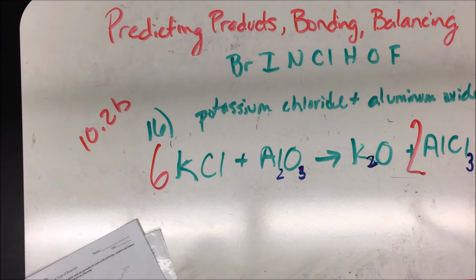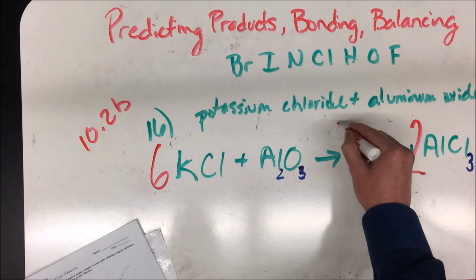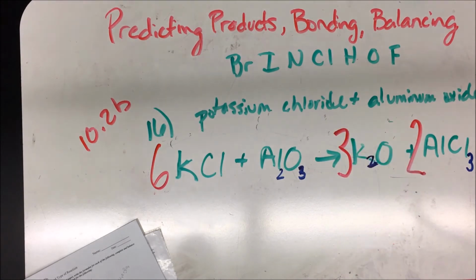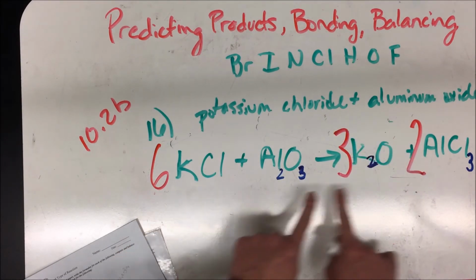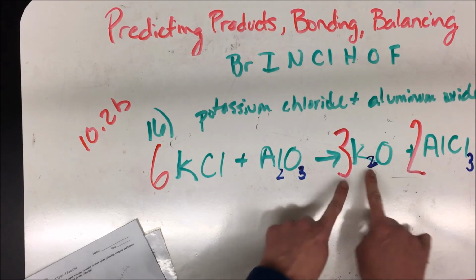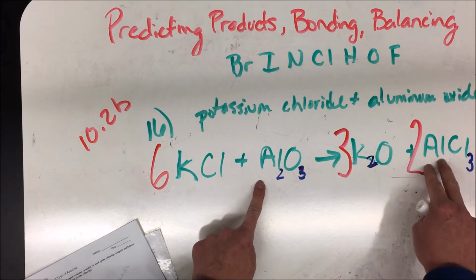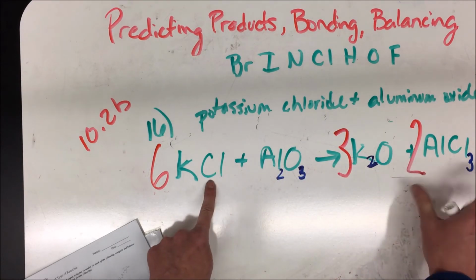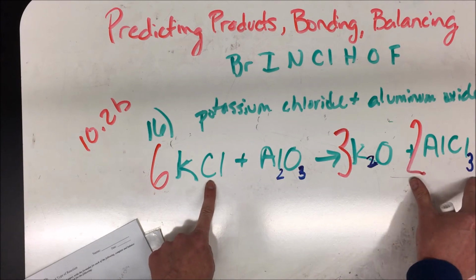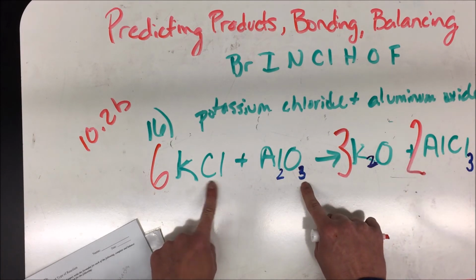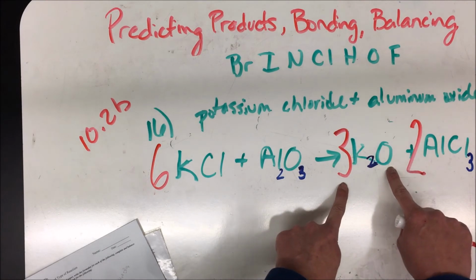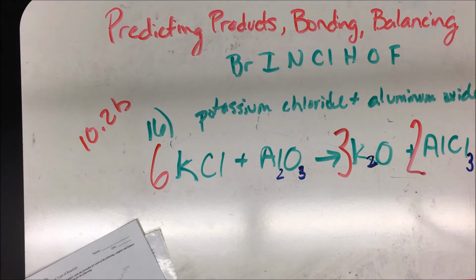All right, that just messed up my potassiums, but I can pop a 3 right here in front of that. 6 potassium, 6 potassium. 2 aluminums, 2 aluminums. 6 chlorines, 6 chlorine. What's left is oxygen, 3 oxygen, 3 oxygen. So that is now bonded and balanced, number 16.